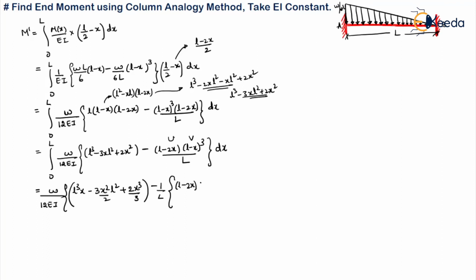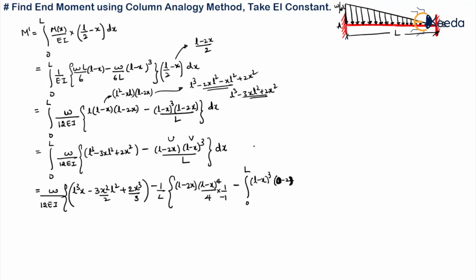When you apply the UV rule of integration, u, v dash: differentiation of this, so L minus x; integration of this, so L minus x by 4 into 1 by minus 1, minus of integration 0 to L minus x whole cube into L minus the differentiation of this, 0 minus 2.